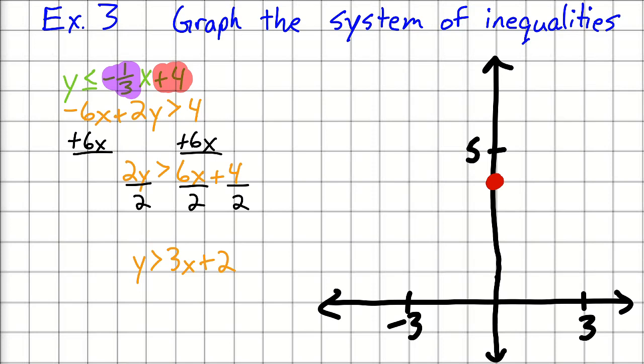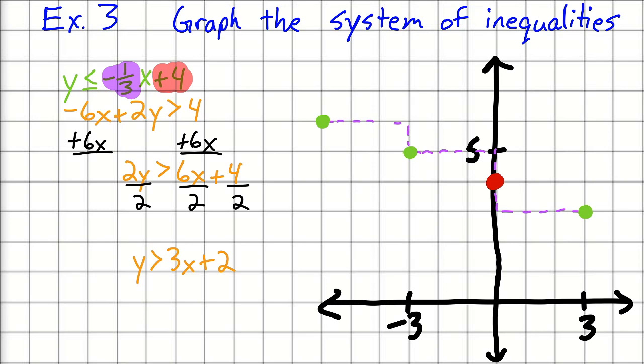So I'm going to go down 1 and to the right 3, or up 1 and to the left 3. And so my points will be right here and here, and then my y-intercept there.